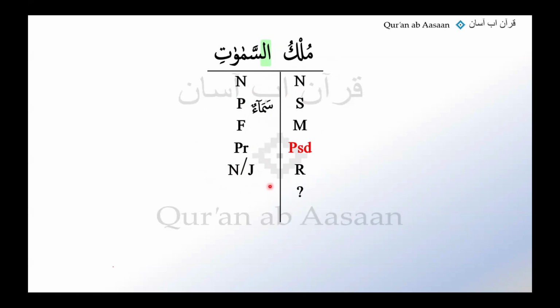When I look back and see a no-al, no-tanween possessed noun, I'd be able to determine that it has to be in jar to be its possessor, and that is when I'd cut the nasb. Now we are sure that mulku is a no-al, no-tanween possessed noun, and as-samawati would be in jar to be the possessor. Nasb is cut. Jar, we are going to write it as its possessor.